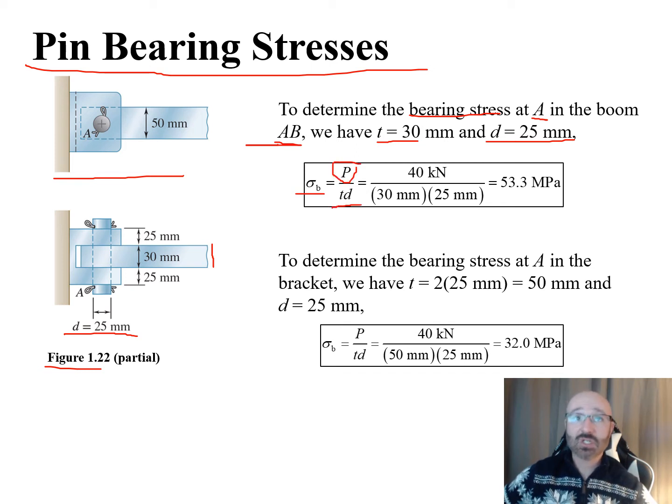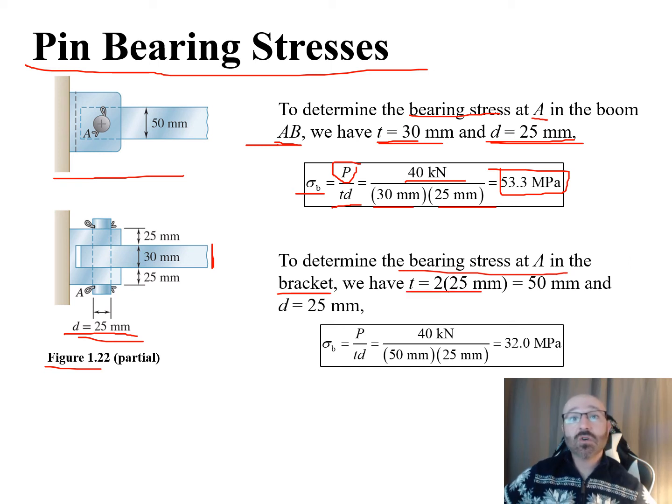So we plug in our known values. We have our load here of 40 kilonewtons, our thickness of 30 millimeters, and our diameter of 25 millimeters. Plugging this all in, we can see that our bearing stress is 53.3 megapascals.